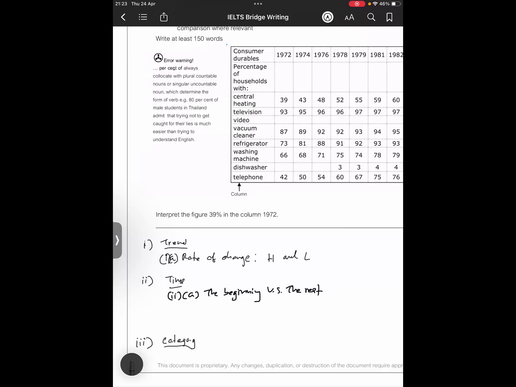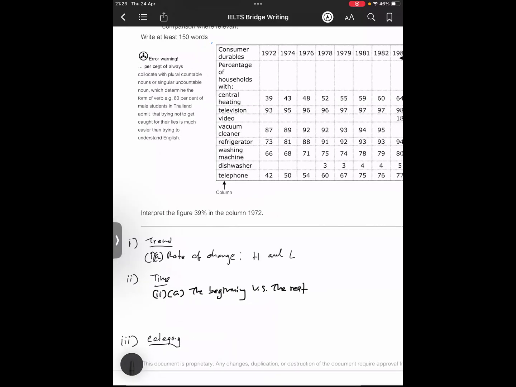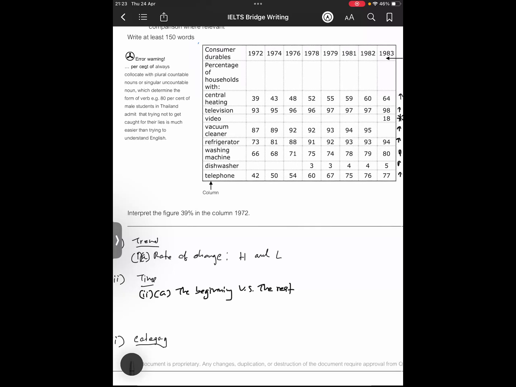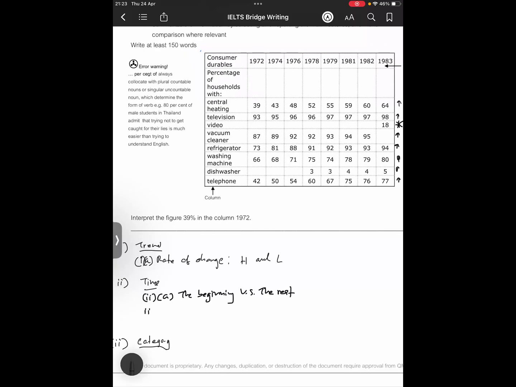Right? The beginning versus the rest. Or we can have 2/2.